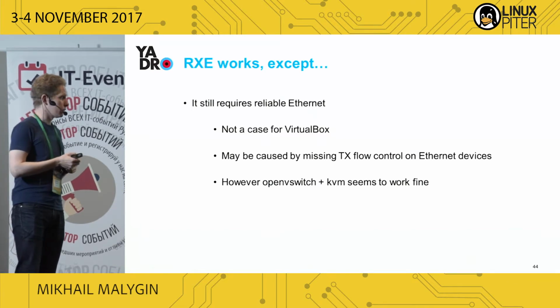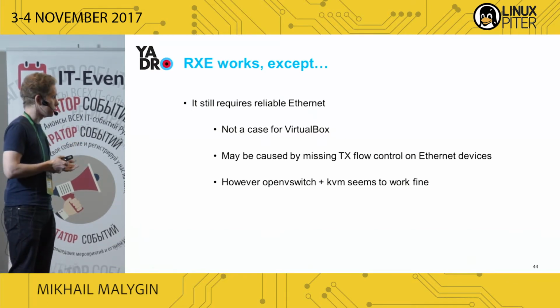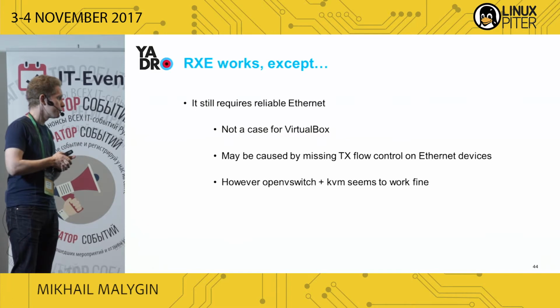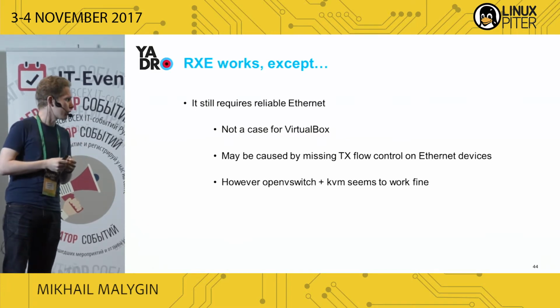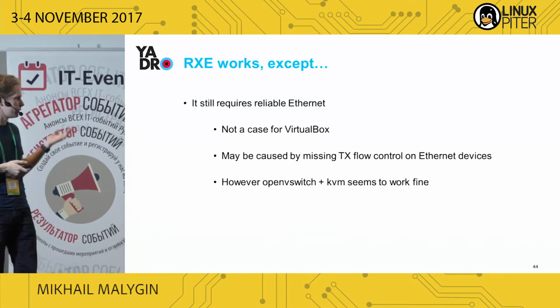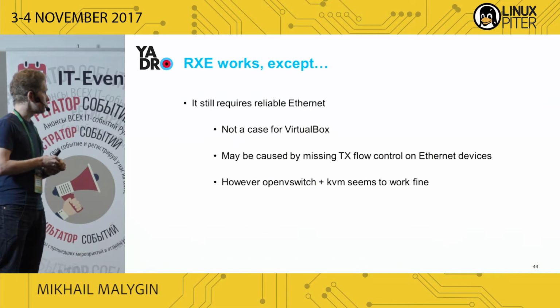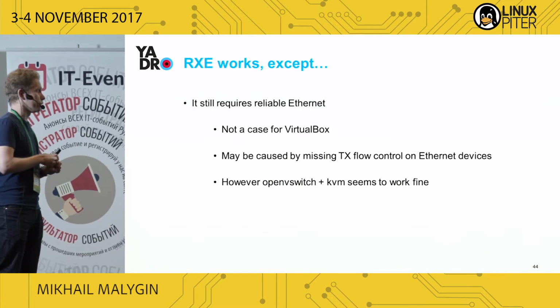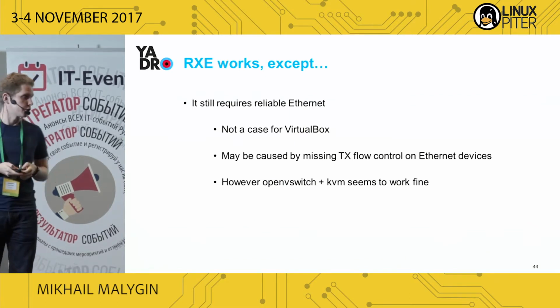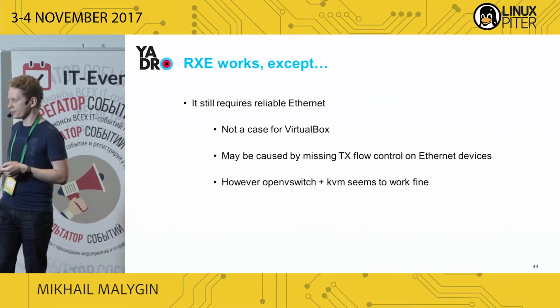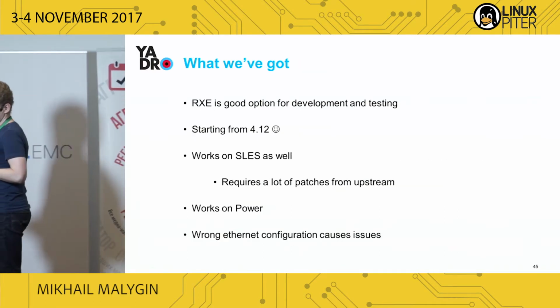Perhaps it's because the transmission flow control is absent over there, and yet we don't know what to do with it. The good news is that we have given open switch. All these Linux technologies do help us. They assist us. And perhaps some other kinds will work with it as well.